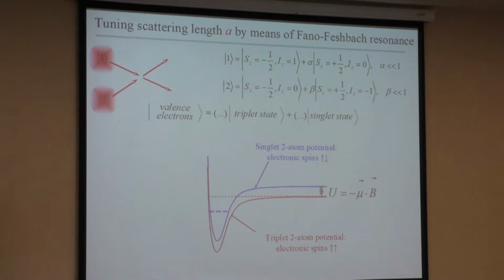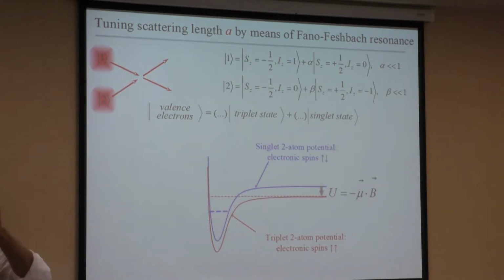Now let's consider how the interactions are tuned. This is the first point where we shall use the indistinguishability of particles. We are not considering a big collection of particles, we are only considering the interaction of 2 atoms. This is a 4-body problem: there are 2 ions plus 2 valence electrons, 1 valence electron for each atom.